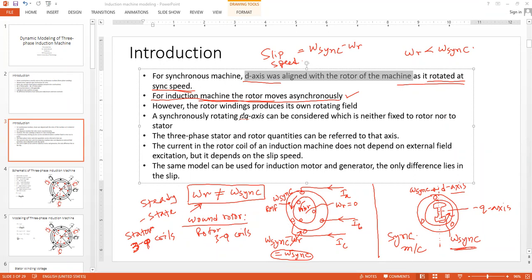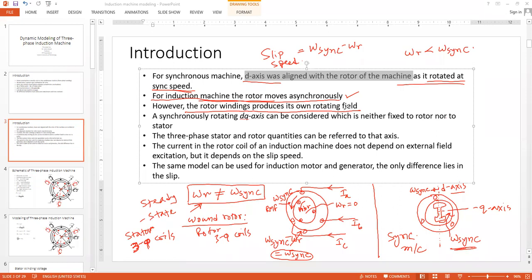Throughout the discussion, I said that the rotor coil would get a three-phase induced current because there is a three-phase coil. So the rotor coil will carry its own current, and those rotor coils would give you back their own rotating field.